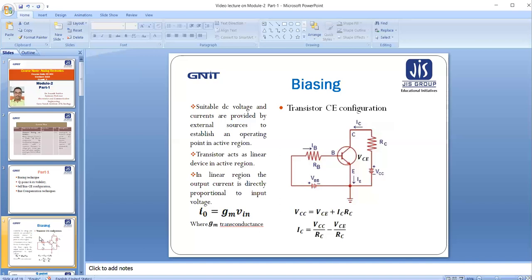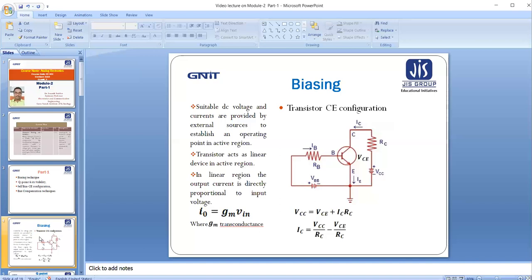Because if we are not performing a perfect biasing, then what will happen? Although the amplification will be processed, the output signal will not be an exact replica of the input signal.